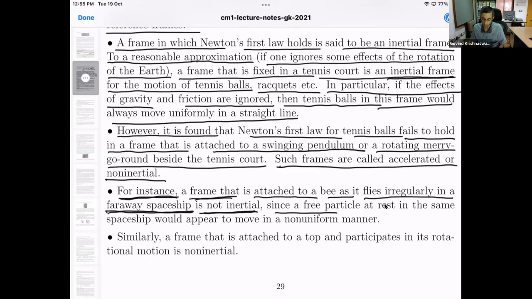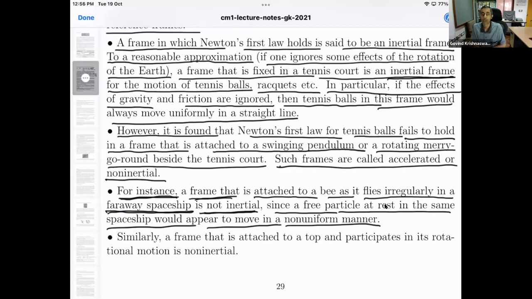So a frame that is attached to a flying bee in a faraway spaceship is not inertial because a free particle at rest in that same spaceship would appear to move in a non-uniform manner.